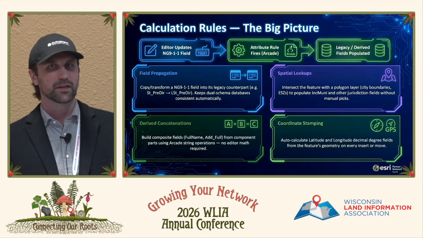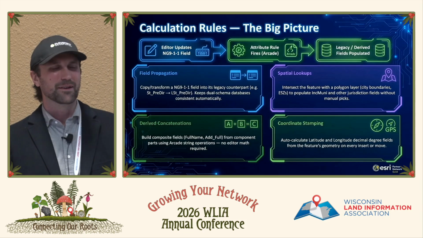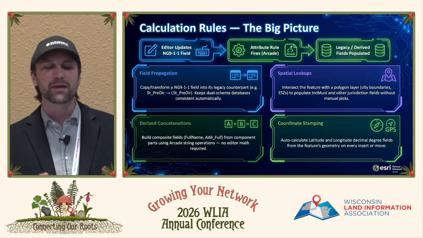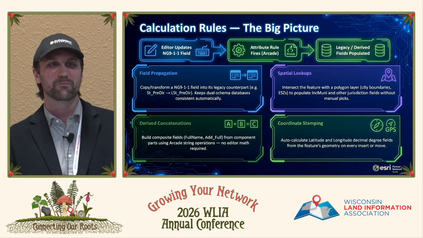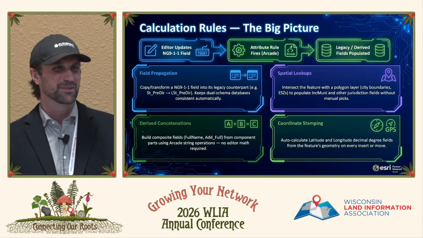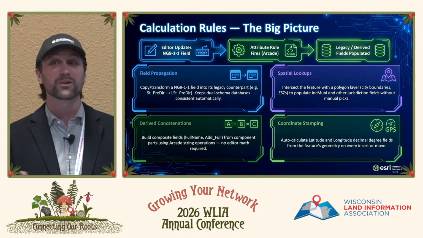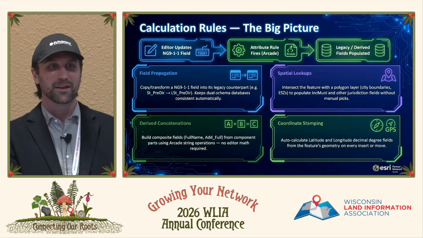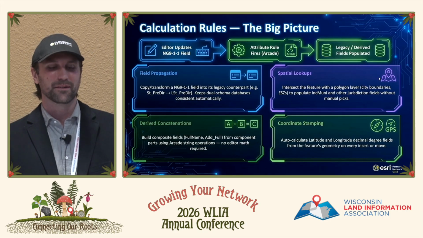So if you're not using WGS84, you're kind of out of luck at the moment. I know that there's rumblings, and maybe sometime in the future they'll have an embedded recalculation. That's just a lot of mathematics to throw into an attribute rule. But for the time being, if you're using WGS84, you don't have to worry about doing a calculation on the latitude and longitude.